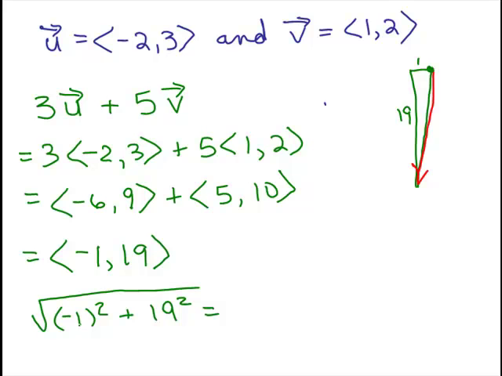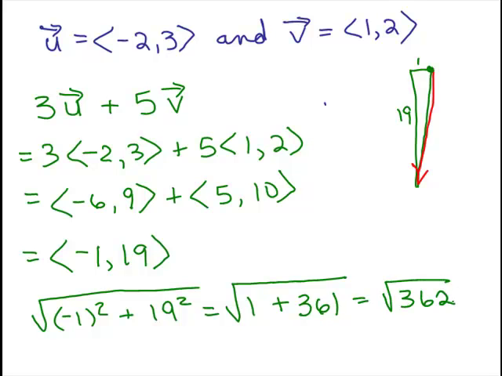And if you put in 1 instead of negative 1, of course you're going to get the same answer. So you're going to get the square root of 1 plus whatever 19 squared is, which is 361. So it's the square root of 362.